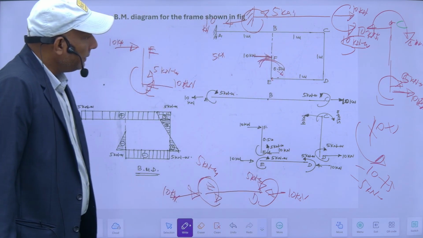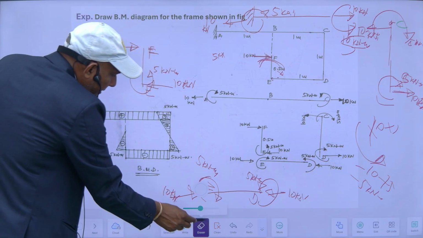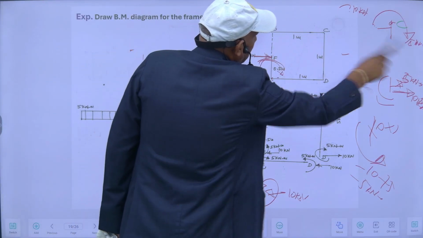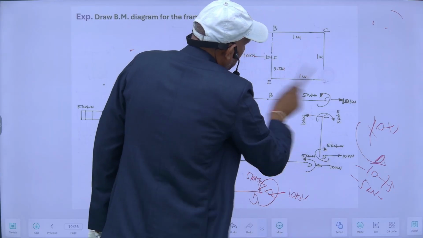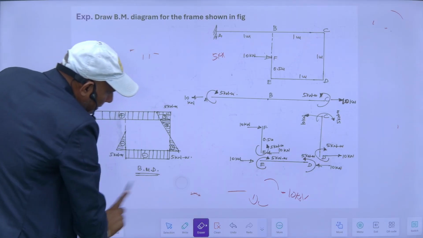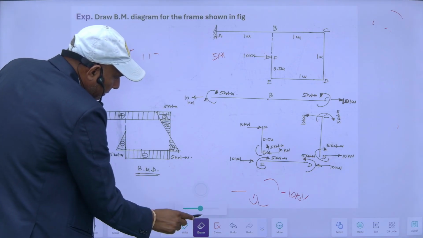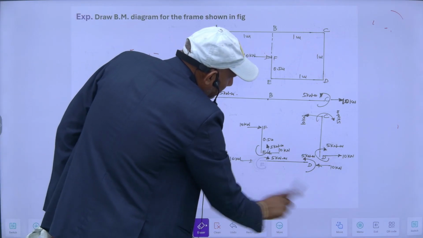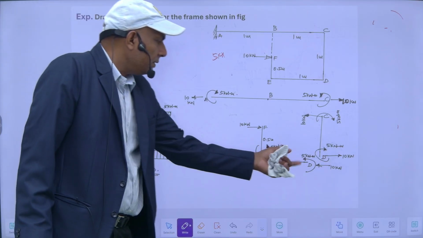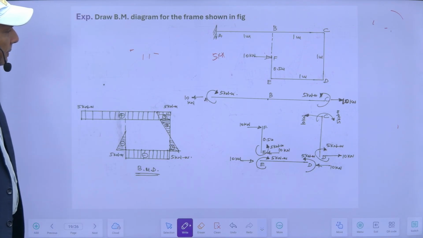So now my free body diagram is complete. Let's raise this one. So now this is the free body diagram of all the members. Now easily I can draw its bending moment diagram.